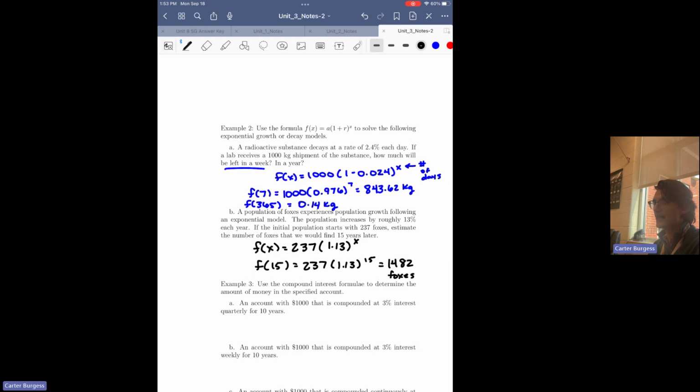As far as where we are here, we've got about 35-ish minutes left. Do we have any questions on what we've looked at with our exponential functions so far? All right. We've got about 35 minutes left.